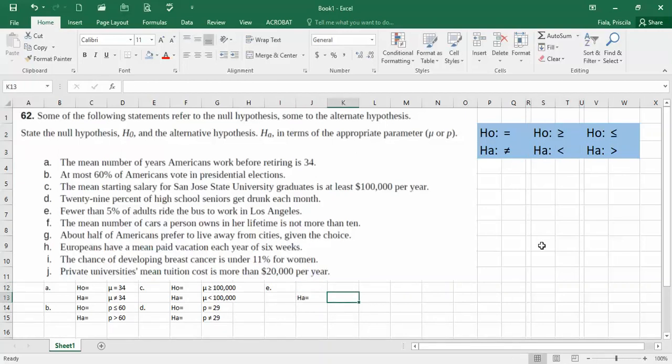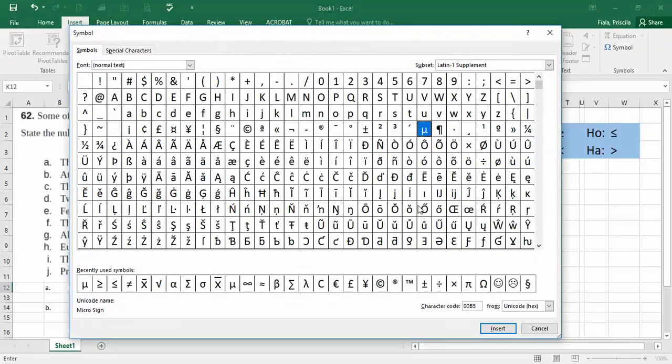We are talking about proportions, so your claim is that fewer than 5%. Therefore, your null hypothesis is going to have to be higher or equal than. You could also see it as just equal.